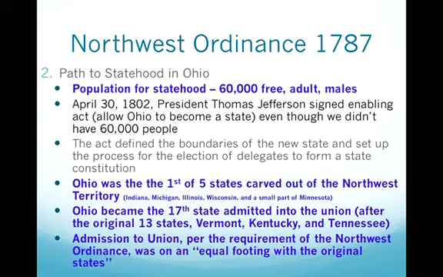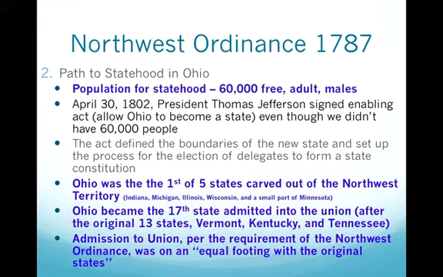However, on April 30th, 1802, Thomas Jefferson, who had become president, signed an enabling act that allowed Ohio to become a state, even though we didn't quite meet that 60,000 free adult male threshold. The act defined the boundaries of the new state and set up our election of delegates to form a state constitution.